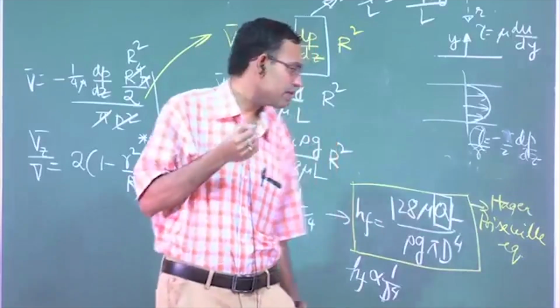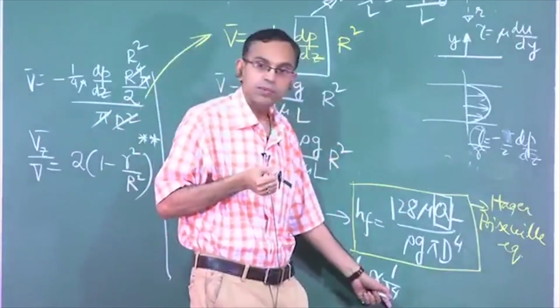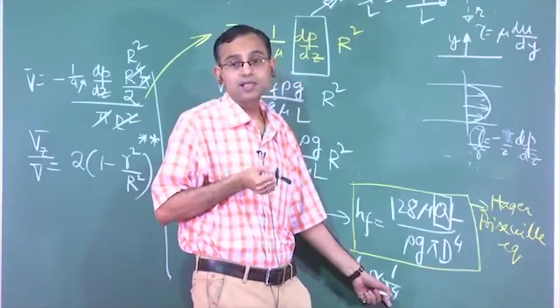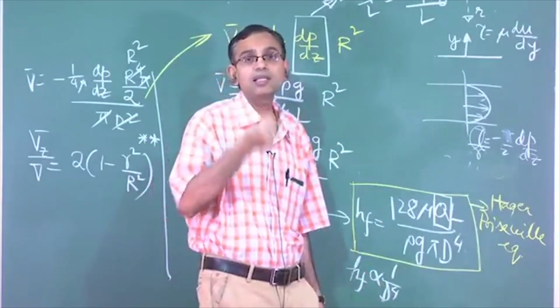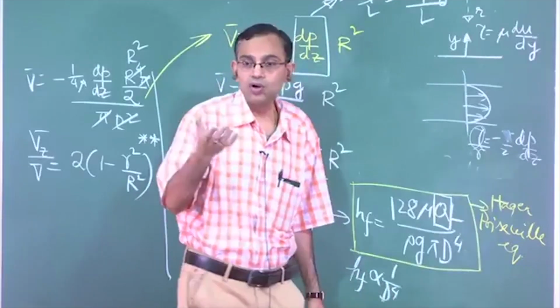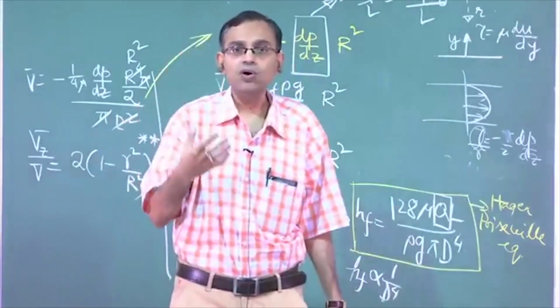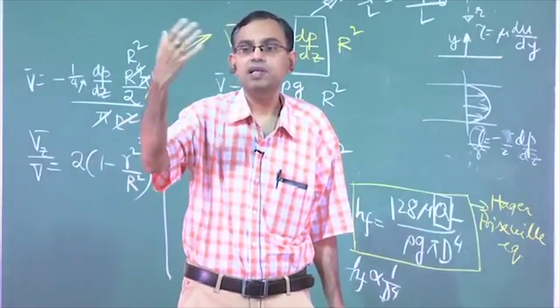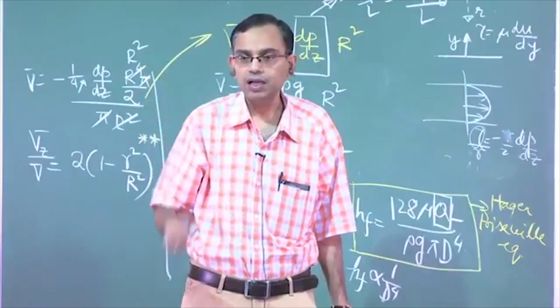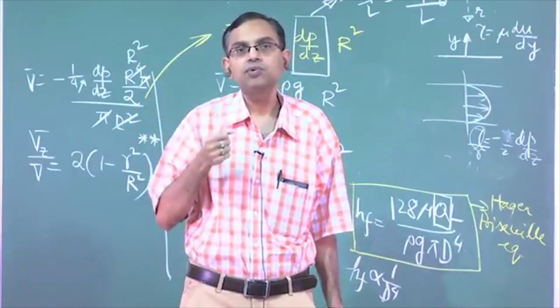So 10 to the power 6 to the power 4, that is 10 to the power 24 times you will have the increase in the head loss. So to maintain the same flow, tremendously large pumping power you have to give.